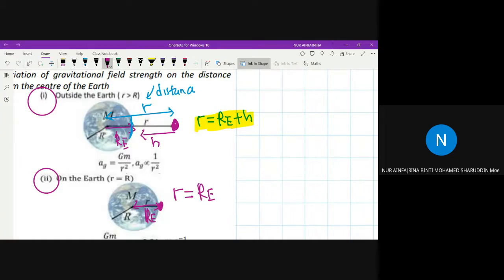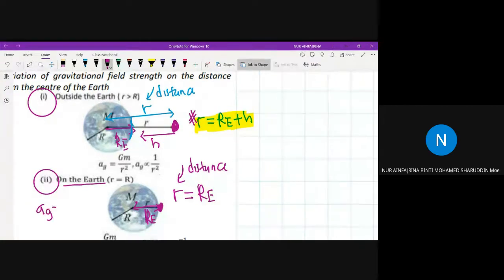You must understand these two different things. This is the distance too, but what Miss wants you to understand is this one. And if on the earth, we already know the gravitational acceleration is 9.81 meters per second squared. Sometimes they will say 10, but usually we will take 9.81.